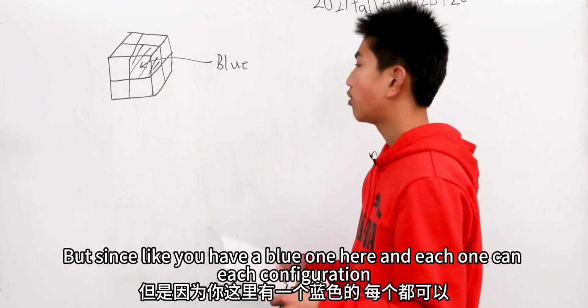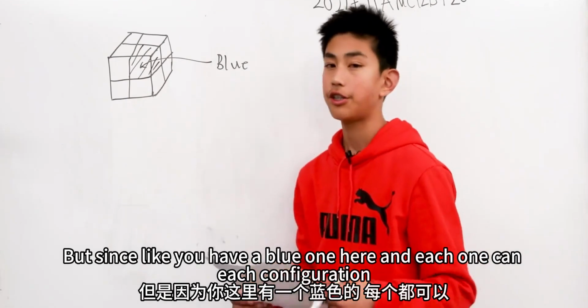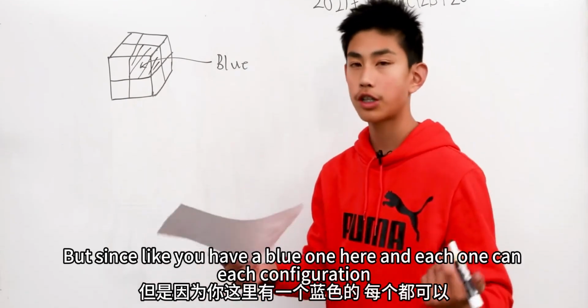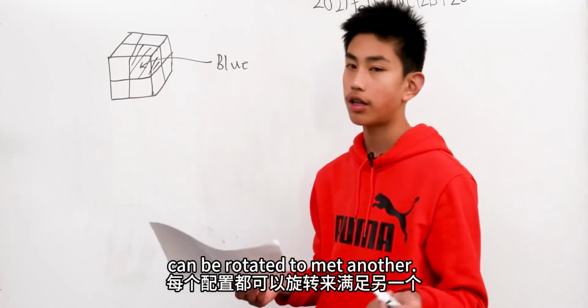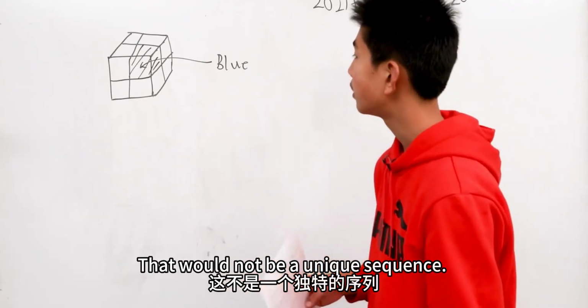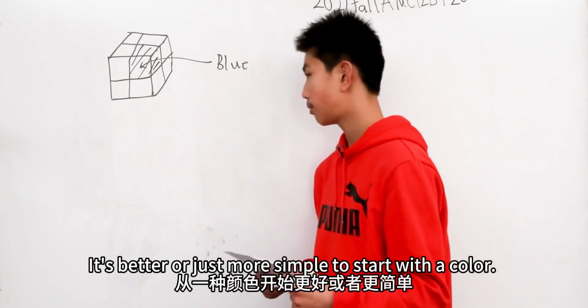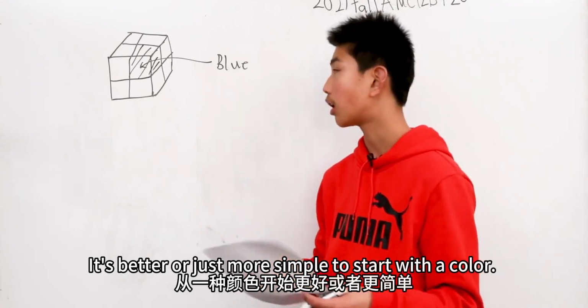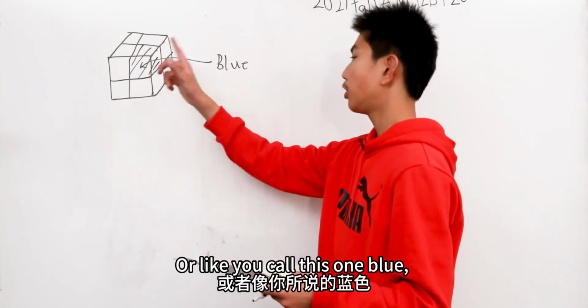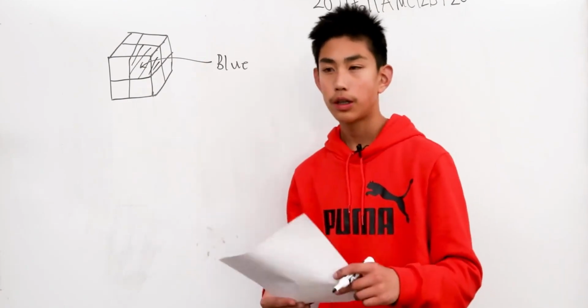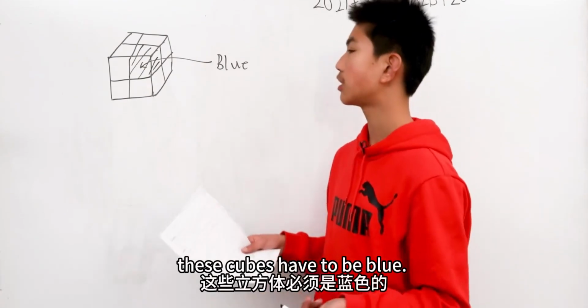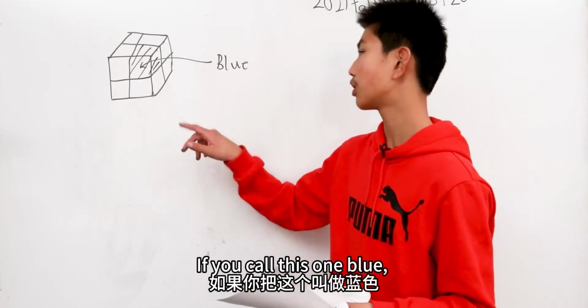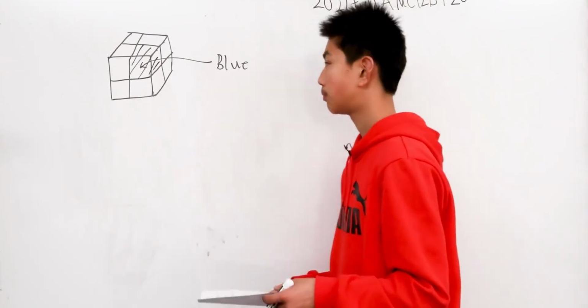Since you have a blue one here and each configuration can be rotated to match another, that would not be a unique sequence. It's more simple to start with a color, or call this one blue, because we know that 4 of these cubes have to be blue. So if you call this one blue, it'll make things a lot simpler.